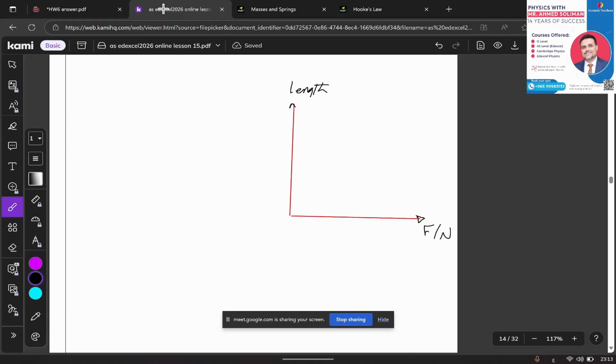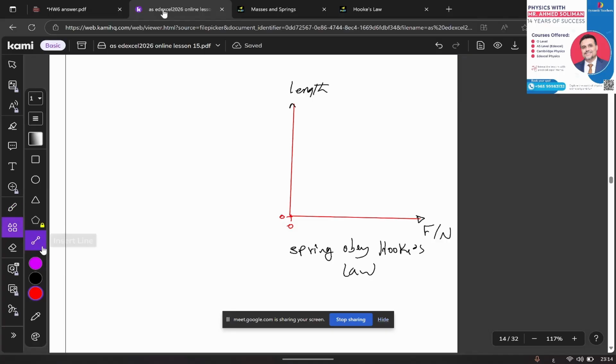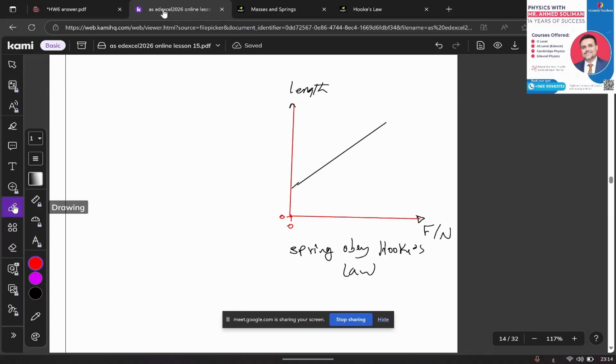For an object, for example a spring, that obeys Hooke's law. What do you think, Habiba? How can I draw this? It's also a straight line, but it doesn't start from the origin. Perfect. It starts from what? What can we call this point, Habiba?